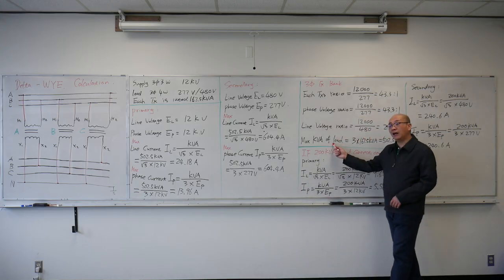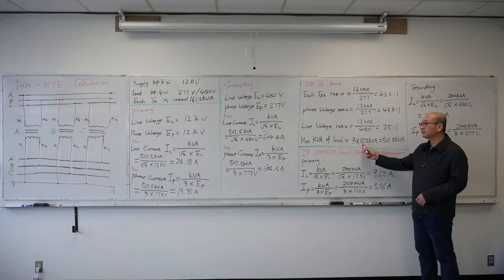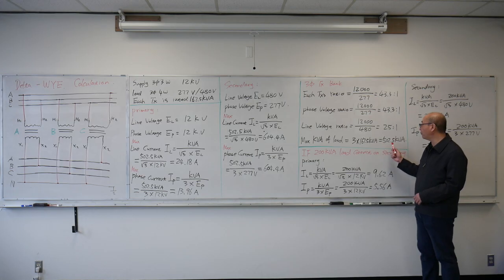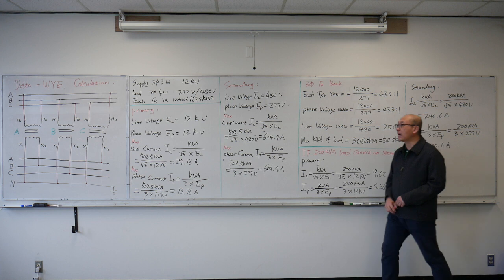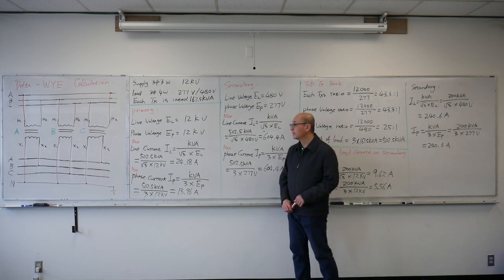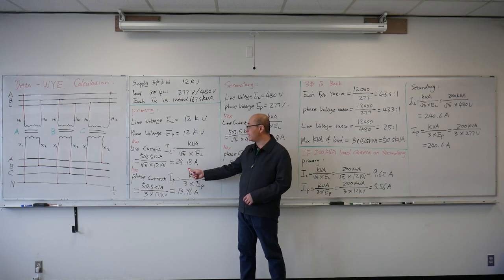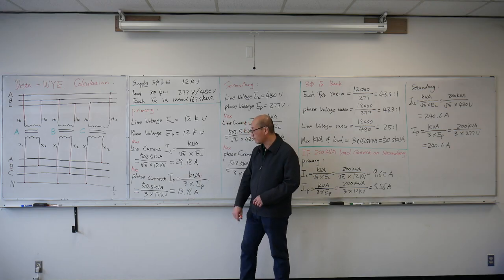Maximum kVA of the load, for balanced load, I have 3 transformers, so 3 times each transformer kVA rating gives me 502.5 kVA. For this maximum kVA, I can calculate maximum current on primary and the secondary side. Primary line current, we've been seeing this formula for a very long time. So line current, 24.18 amps.